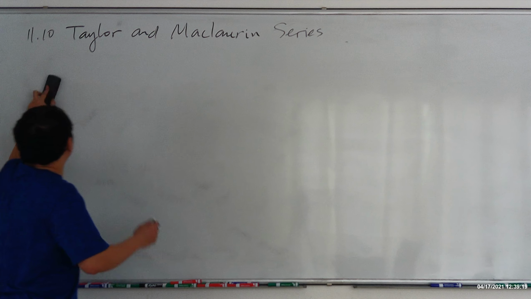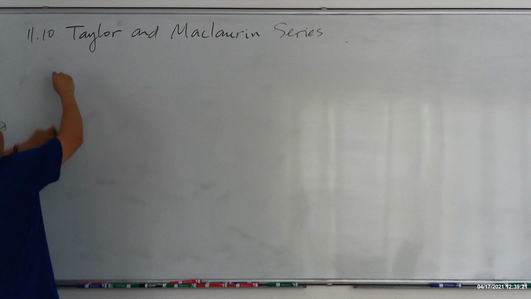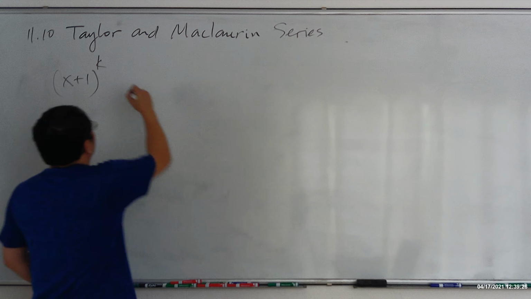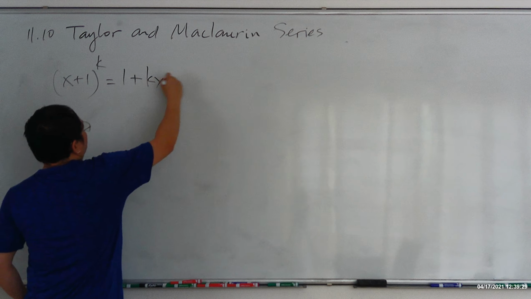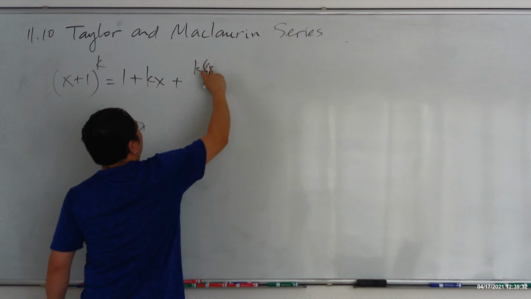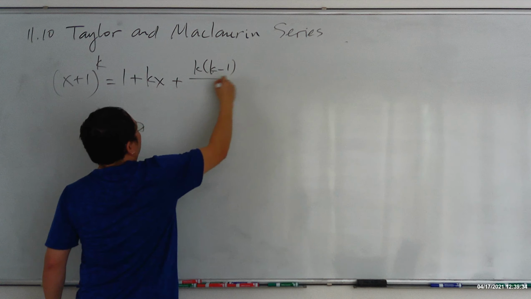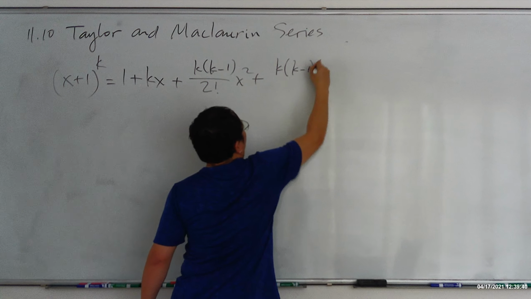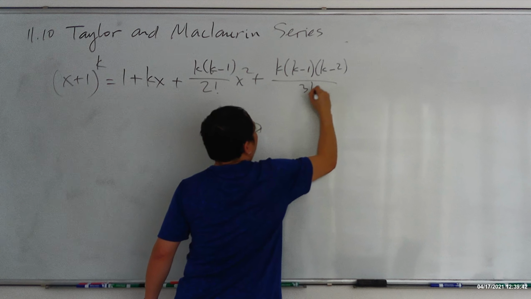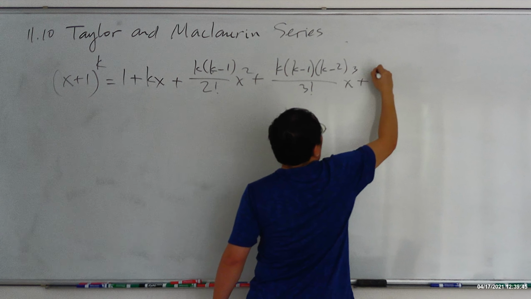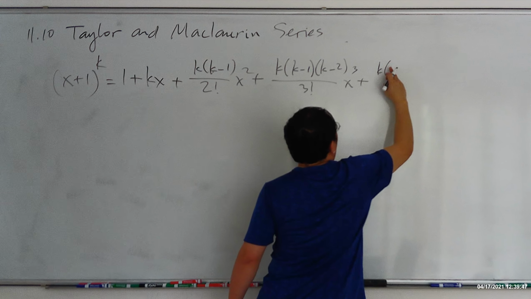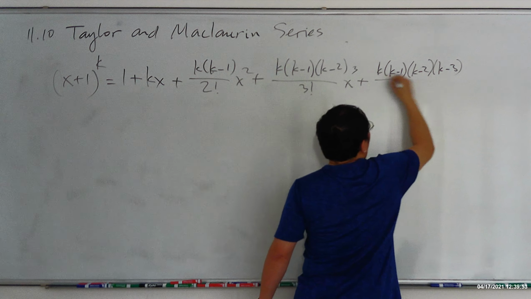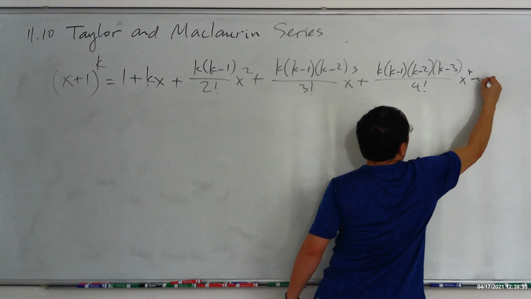So let me rewrite the whole theorem like this: x plus 1 raised to the k in the Calc 2 version is equal to 1 plus kx plus k times k minus 1 over 2 factorial x squared, plus k times k minus 1 times k minus 2 over 3 factorial x cubed, plus k times k minus 1 times k minus 2 times k minus 3 over 4 factorial x to the 4, and so on.